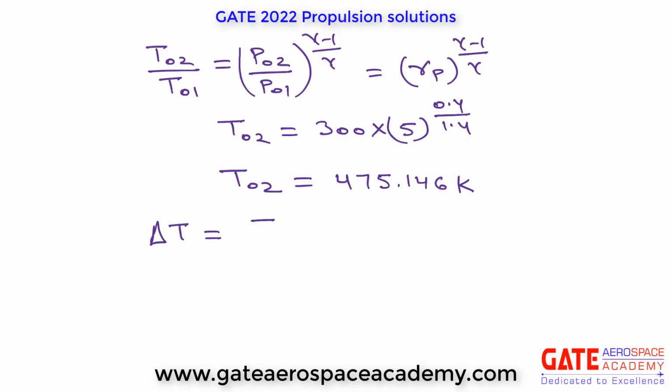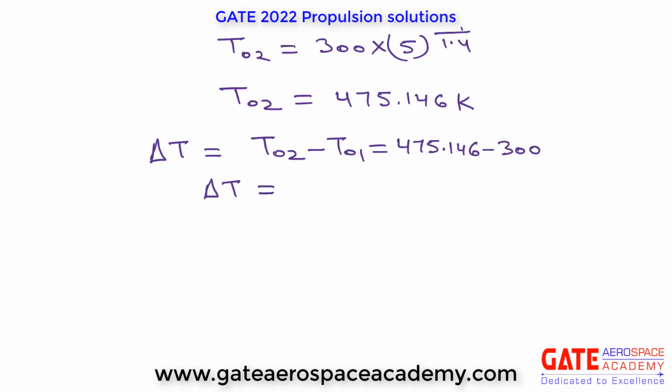What about delta T? That is equal to T02 minus T01. 475.146 minus 300. So delta T, change in temperature through the compressor, is equal to 175.146 Kelvin. Right?